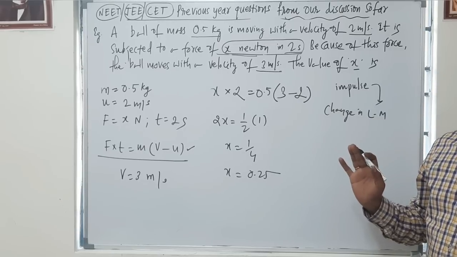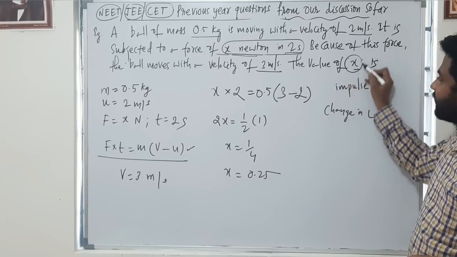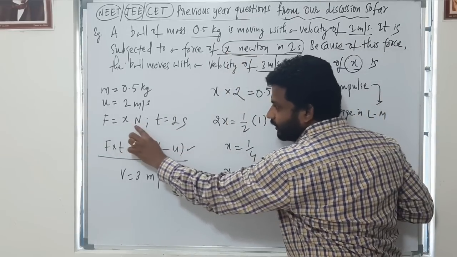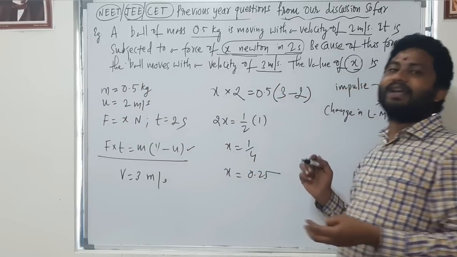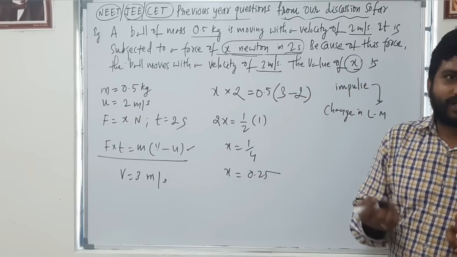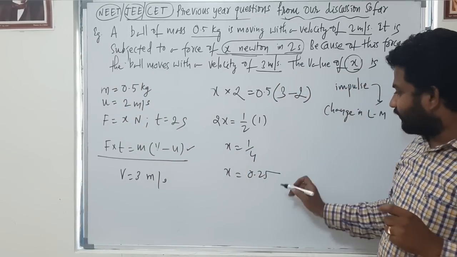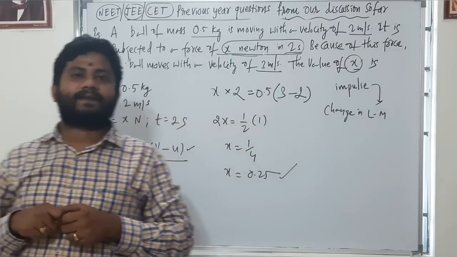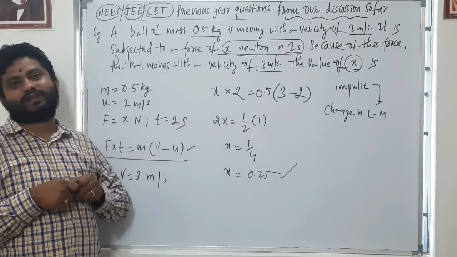That's it. There is no unit for this x, because the unit belongs to the force. x is just the magnitude they are asking. So indirectly they are asking, what is the magnitude of that force? It is 0.25. That's all.